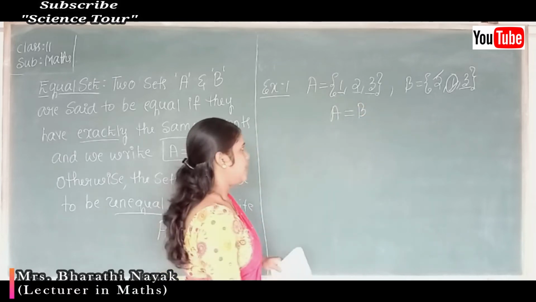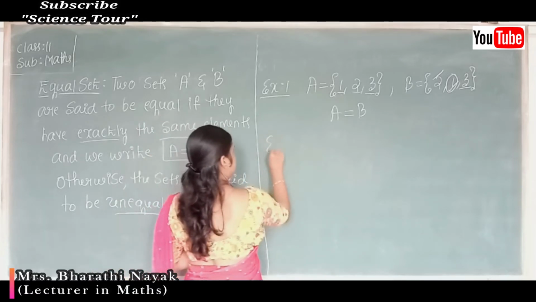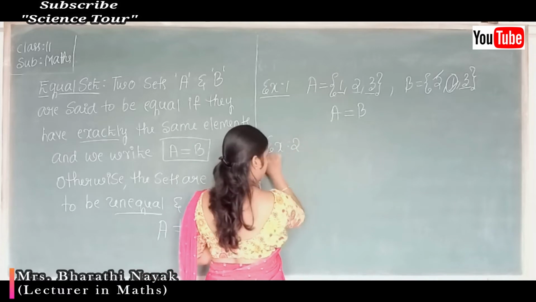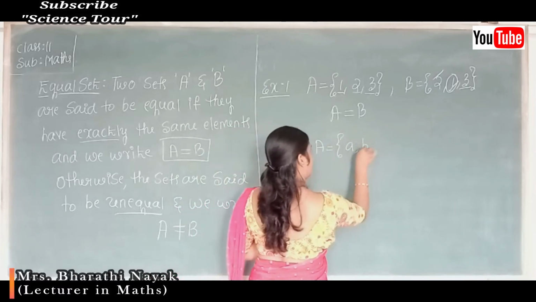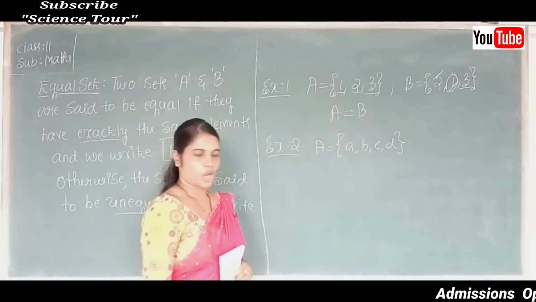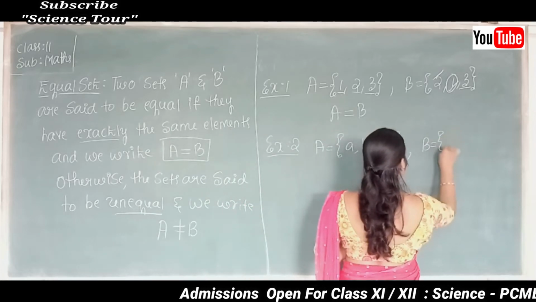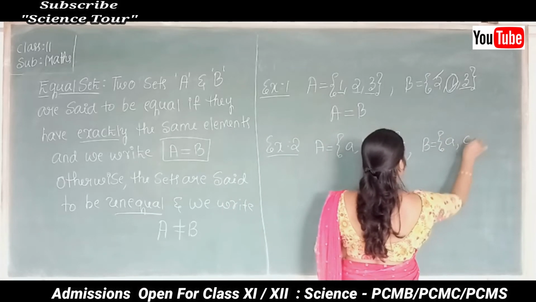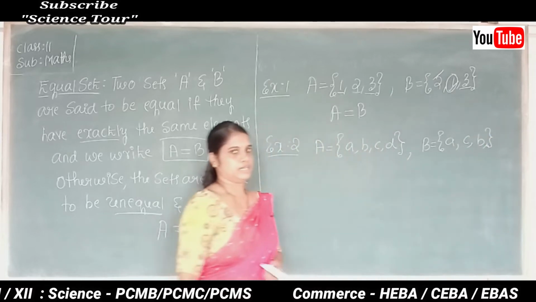I'll consider another example, for unequal sets. Second example: set A = {a, b, c, d} and set B = {a, c, b}.